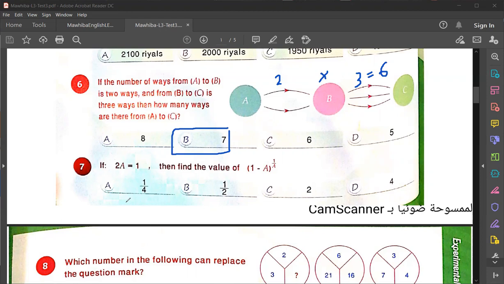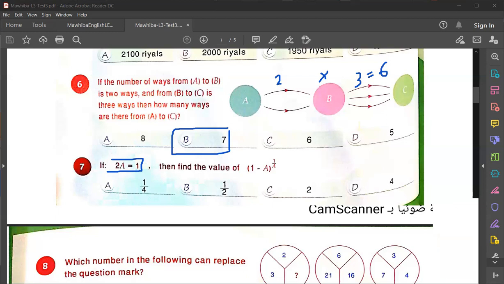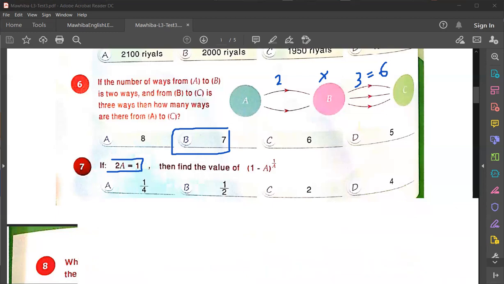If 2a equals 1, then find the value of (1 minus a) to the power 1 over a. I have here 2a equals 1. So how do I solve this problem? I think it is easy for you, right? Now I want to find a.